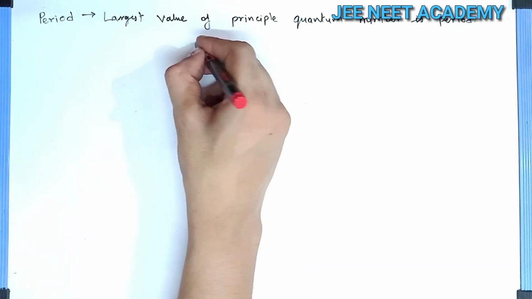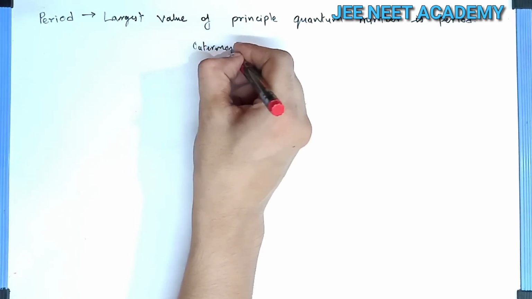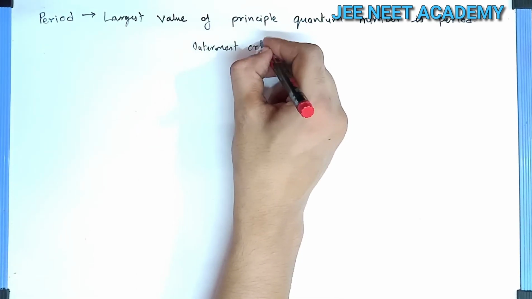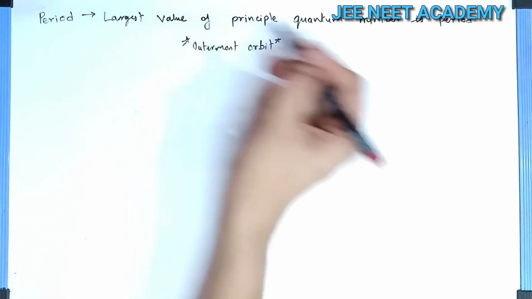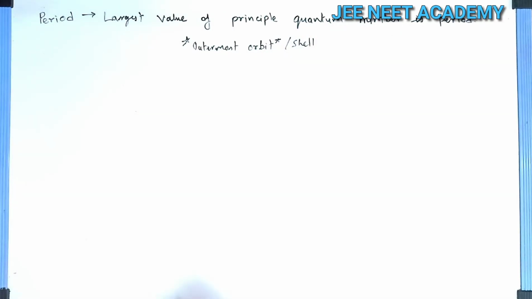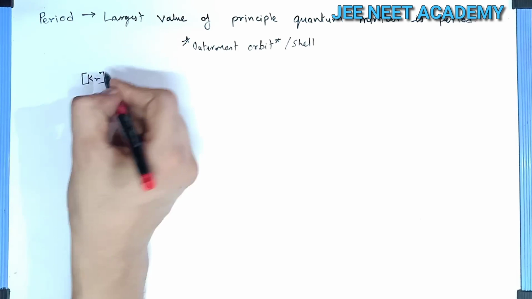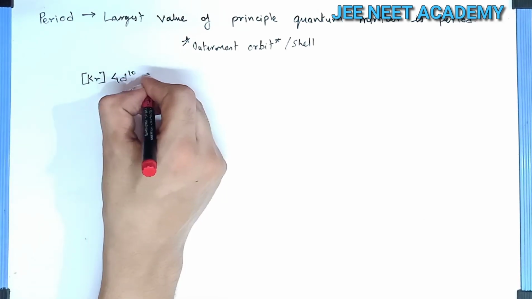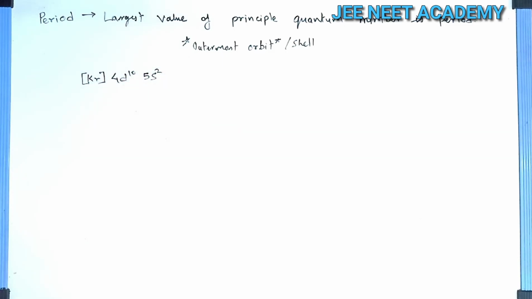Outermost orbit or shell. So if the electronic configuration is written like 4d10 5s2, the period for this will be 5.